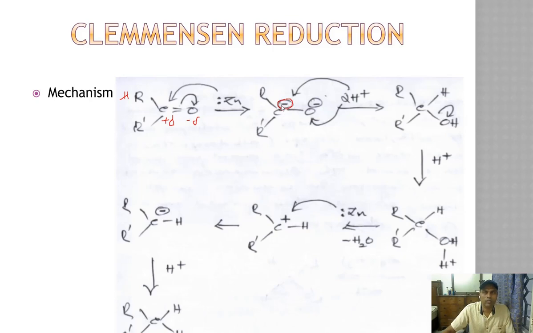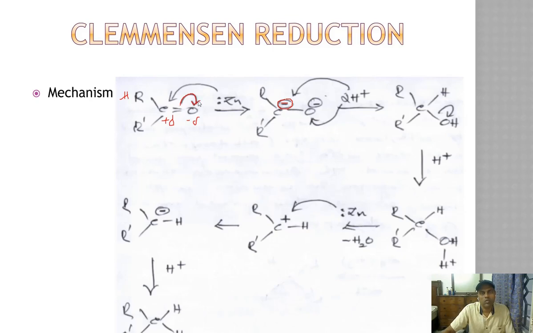Because it is giving the electrons, it is going to be positively charged now, and the electrons over here at this double bond, they are going to completely shift to the oxygen, because there is a repulsion between these electrons and this electron over here.